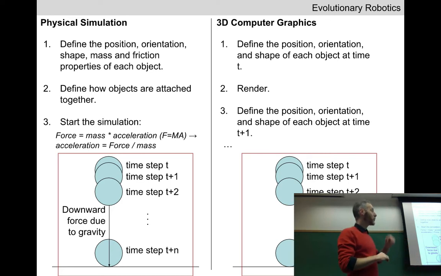Okay, so once you put all the objects in there and you've constrained the way they can move with joints, the physics engine does lots of complicated things, but at heart, it's basically iterating through high school physics, right? F equals ma. Everybody remember that?